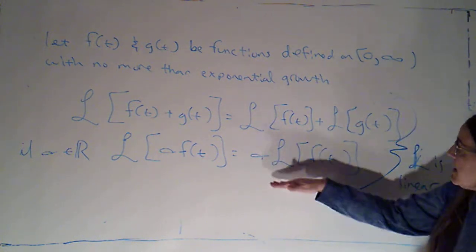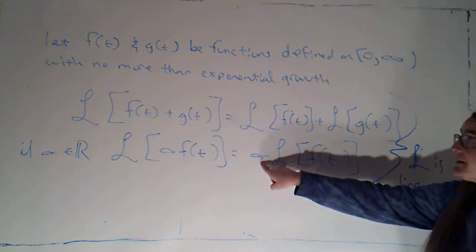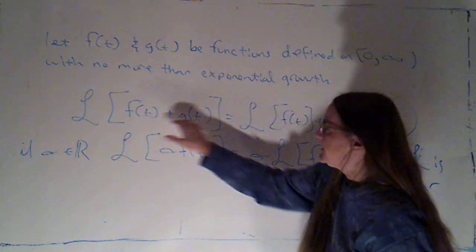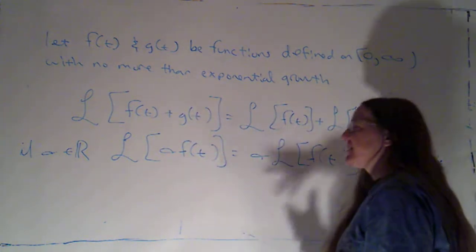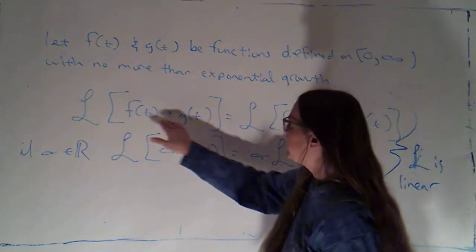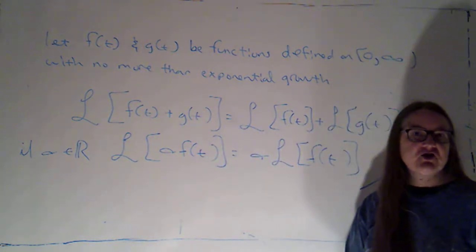Putting these rules together, if I allowed alpha to be -1, and combined it with this addition rule, the Laplace transform also preserves subtraction, because it would preserve f plus -1 times g of t, which is just f minus g of t.